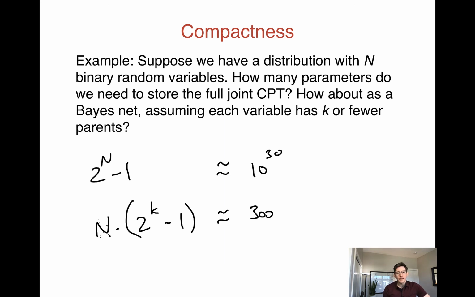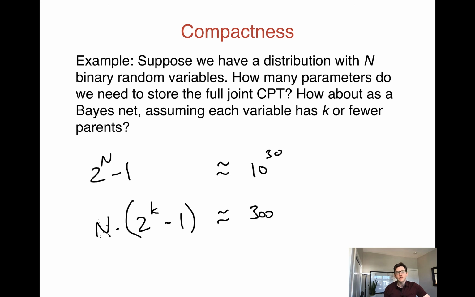So unless we have a truly enormous amount of examples, we're never going to be able to learn 10 to the 30 parameters. Whereas with even a moderately sized training set, learning 300 parameters is not a big deal.